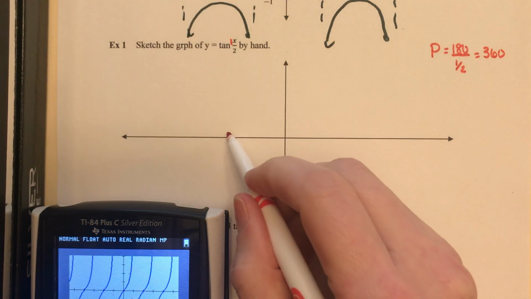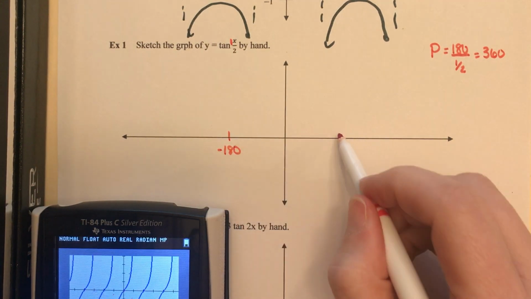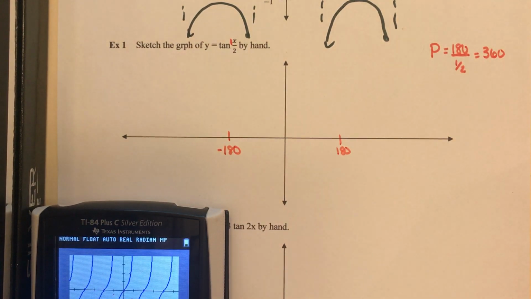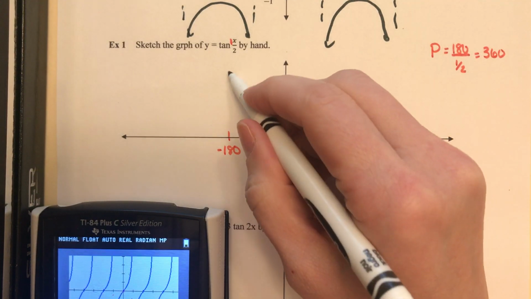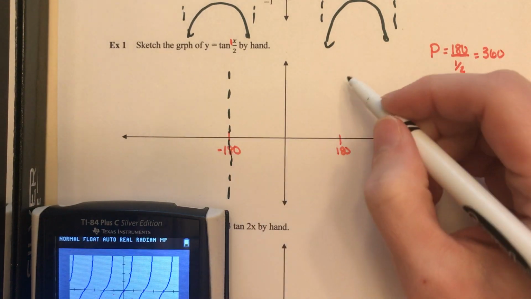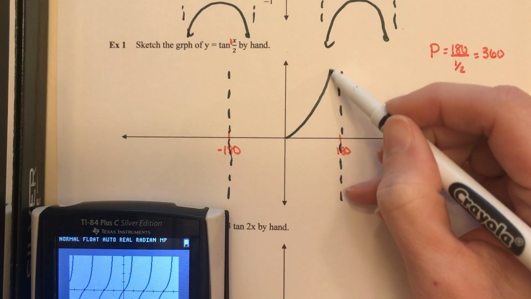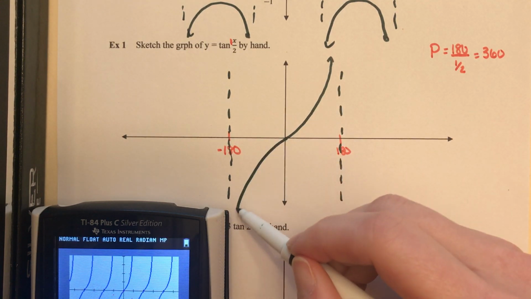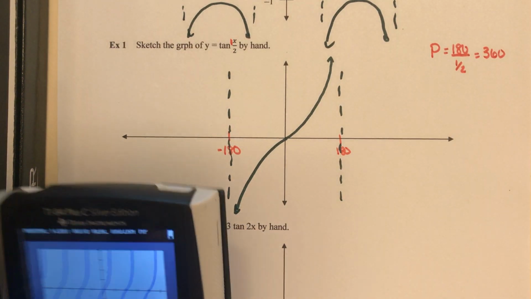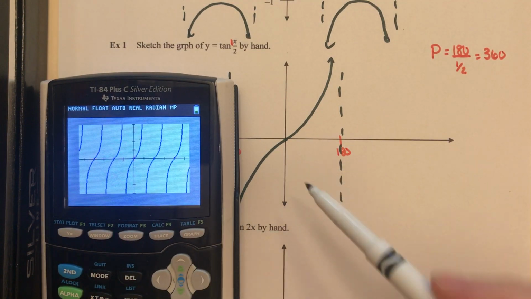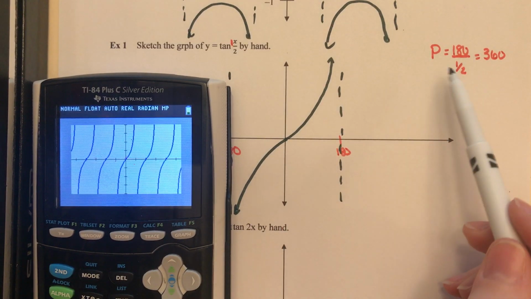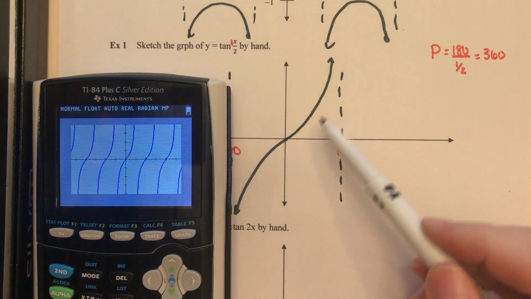So I'm going to draw that -180 to 180, and I'm going to plot my asymptotes, and then draw my tangent graph in. So it's the same shape, but instead of a period of 180, I now have a period of 360.